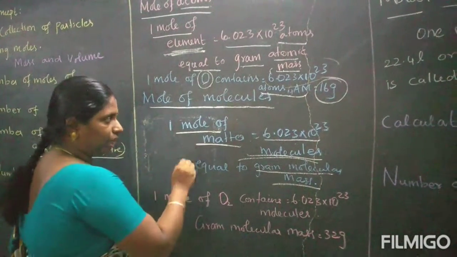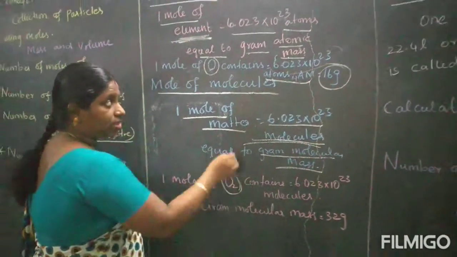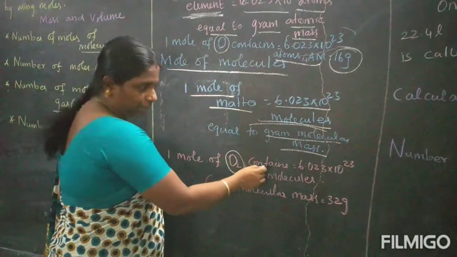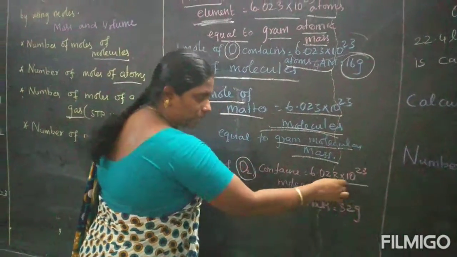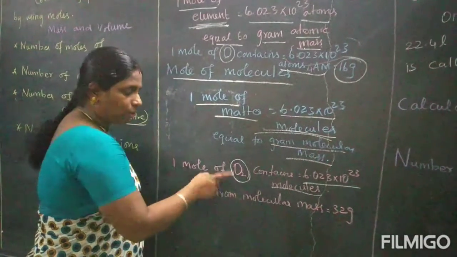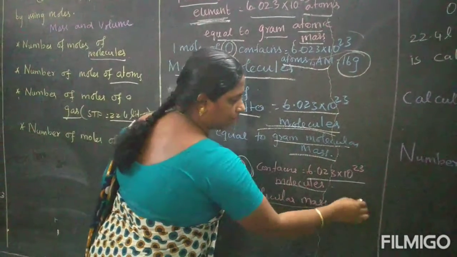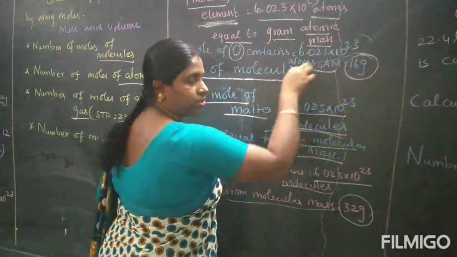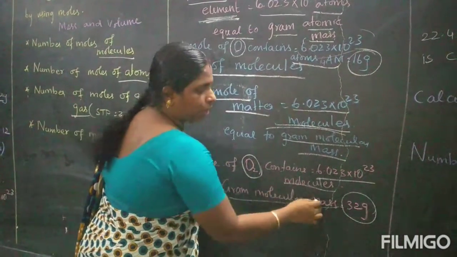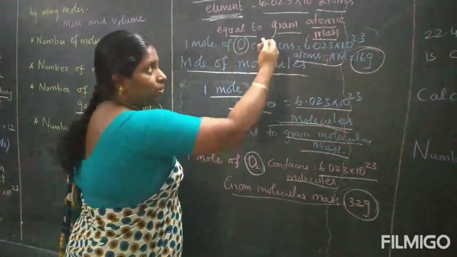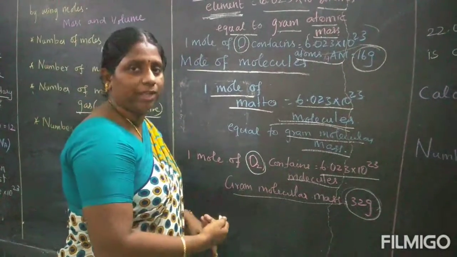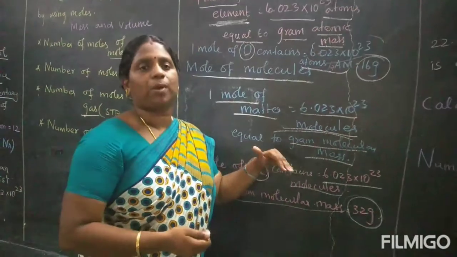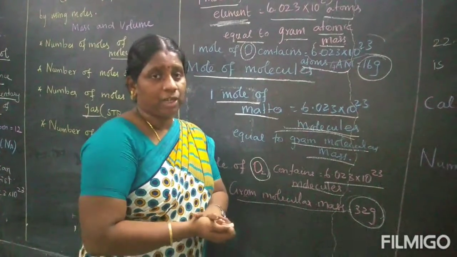For example, 1 mole of oxygen contains the same value of molecules. The gram molecular mass is 32 gram, while the gram atomic mass is 16 gram. This is the way you calculate each and every element by using this Avogadro number, 6.023 into 10 to the power 23.